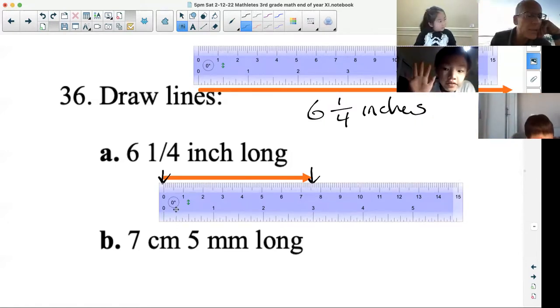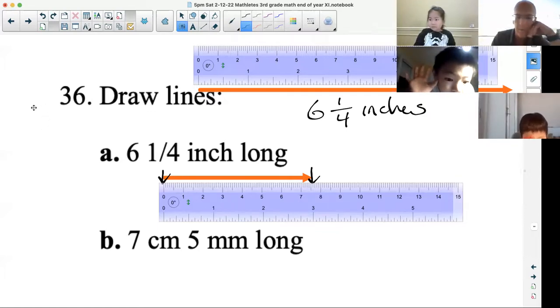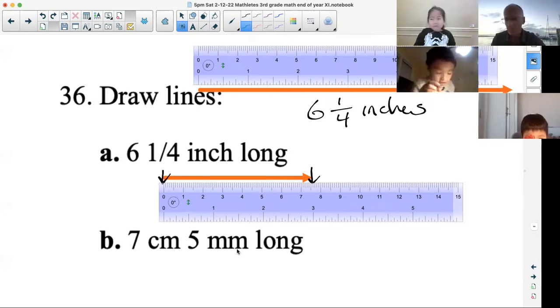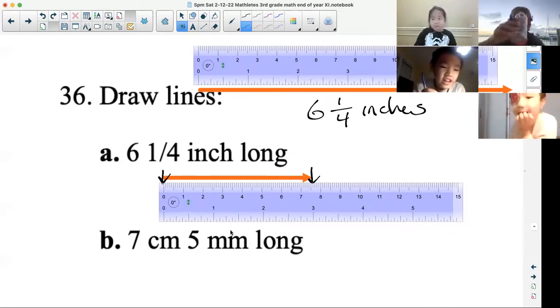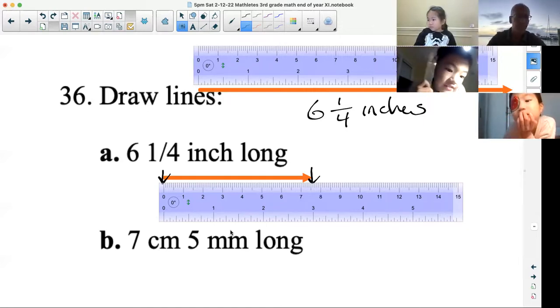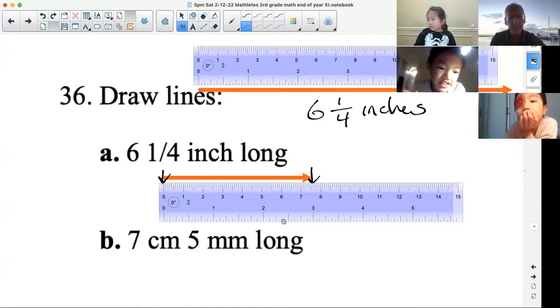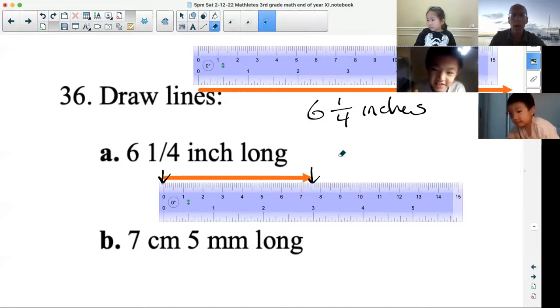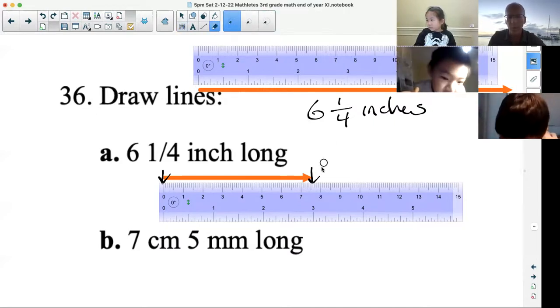So I want you guys to try to draw that if you got your own ruler. Yes, Jason B. If you looked closely, that is actually 7 and 6 millimeters long. If you look really closely. Wow. Well, I've got to really investigate that.